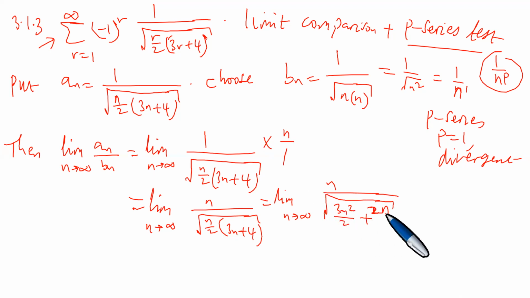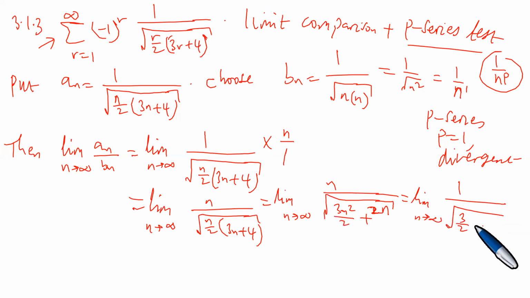So we factor out n squared under the square root. This is 1 divided by n squared here, and the 2n becomes 2 over n. The n is cancelled now: the square root of n squared becomes n, which cancels with this. So this one is going to be 3 over 2, plus 2 over n.